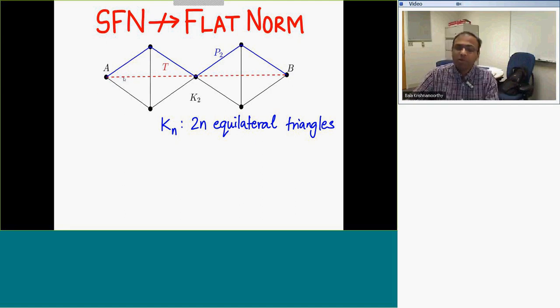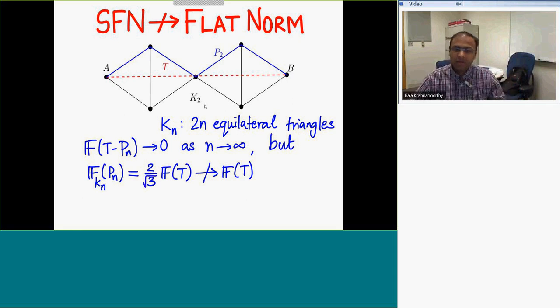My input current is this T. Its length is fixed, and for a simplicial approximation to that, I have two equilateral triangles with an appropriate number of points added in the middle. So in this case, K2 has just 4 equilateral triangles, and the upper polygonal chain is a simplicial approximation to the straight line. P2 is there. In general, I have Pn. So it is the circle and n-gon inscribed example.